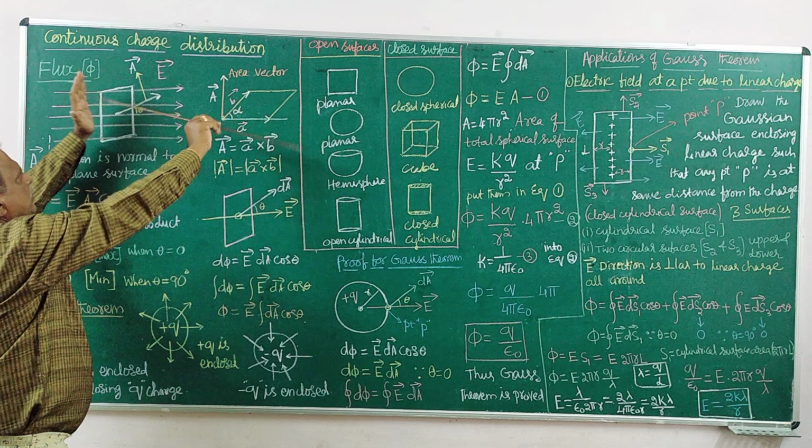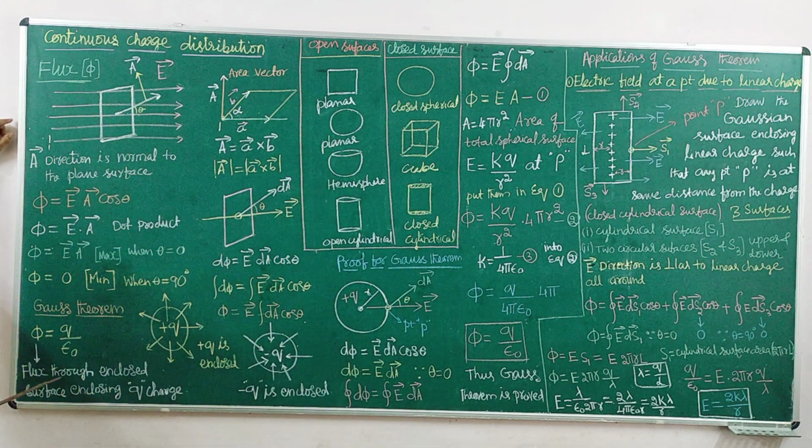Both are the same, so theta equals 0. Cos 0 is equal to 1, so we just multiply these two. That is the maximum value for given values of E and A.